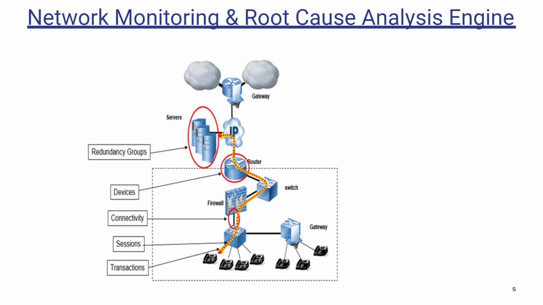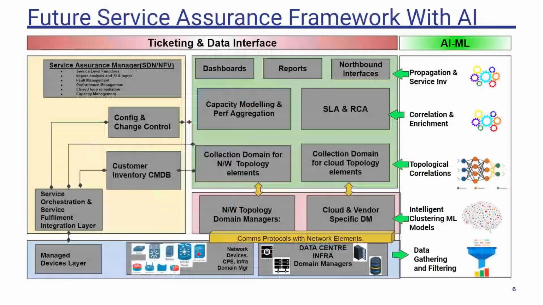Okay. Now coming to this particular diagram, we can see from the analogy that we discussed that there are particular faults and how the fault is propagated across the topology, right?